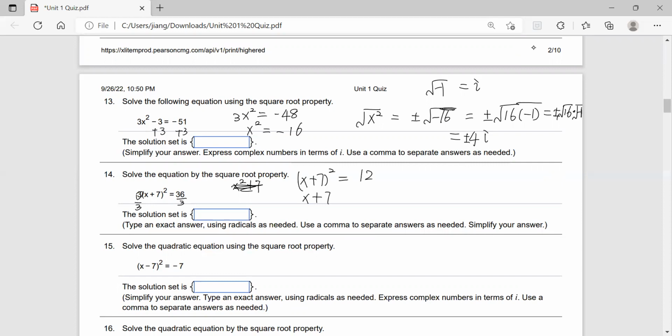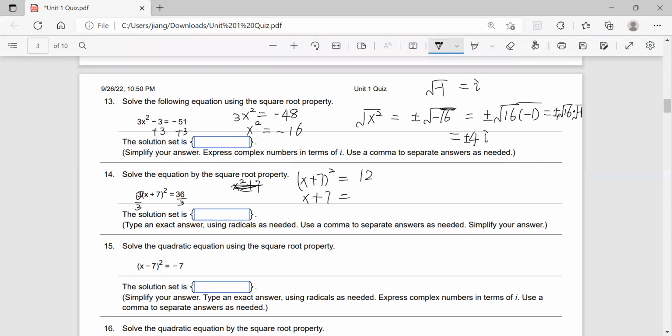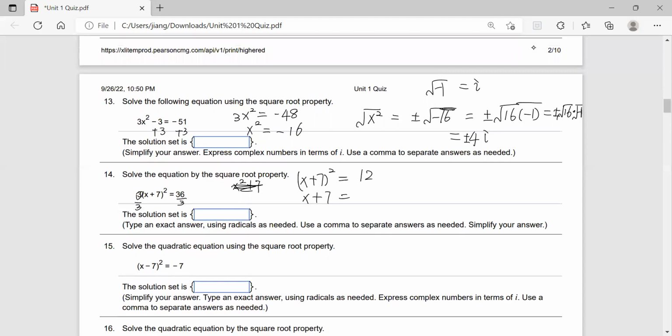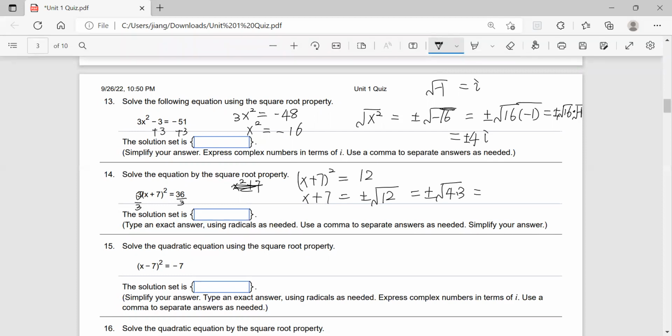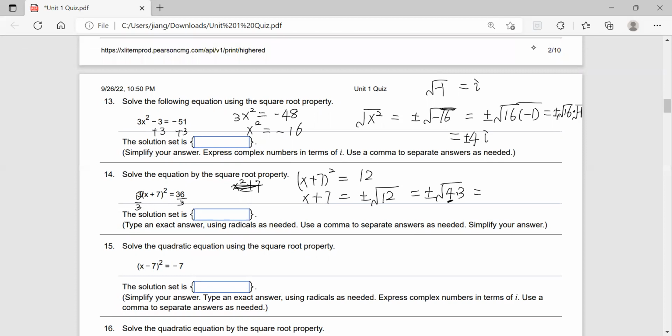X plus 7 equals, when you are taking a root for the variables, that's positive or negative square root of 12. I know the square root of 12 is the square root of 4 times 3, right? So the 4 can be pulled out from the square root because 4 is 2 squared.